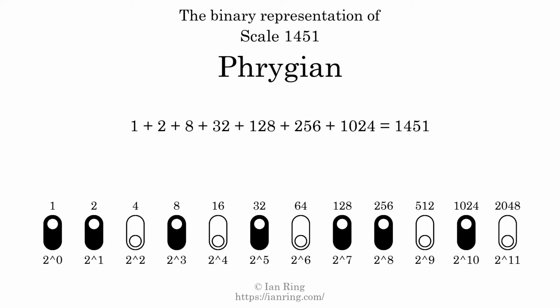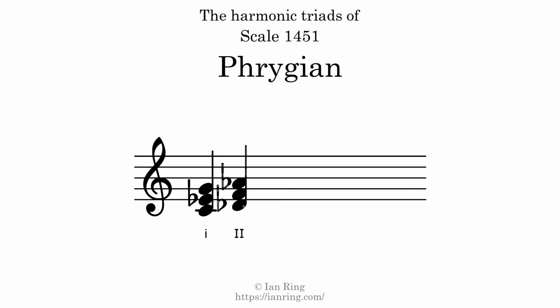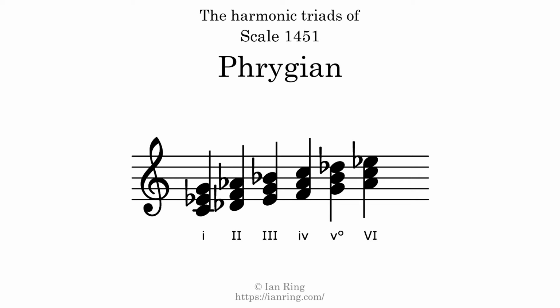The scale number not only enumerates the scale with a unique index, but it also literally describes the tonal content of the scale. Represented as a binary number in base 2, the scale number is 0101101010111. Here are the harmonic triads present in this scale: minor, major, major, minor, diminished, major, minor.